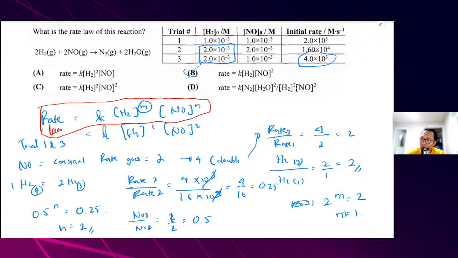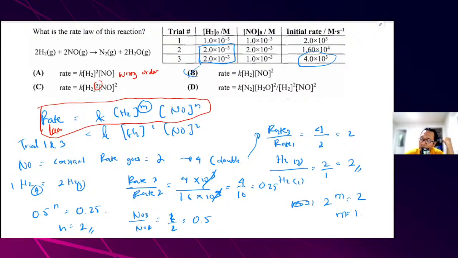Okay, and then why option A doesn't work: this one is incorrect. The rate A is the wrong order. Option C: H2 should be first order, not second.